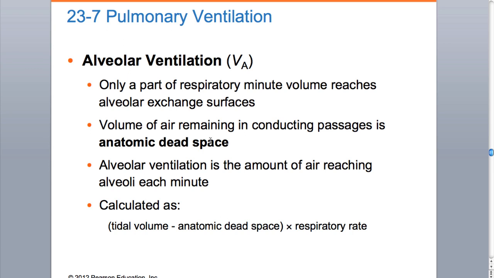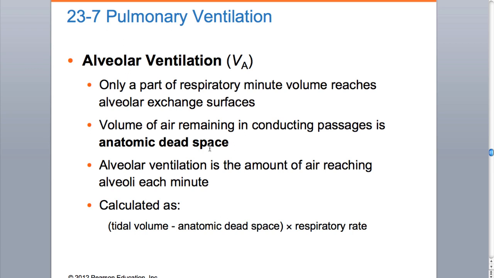This slide talks about what's called anatomical dead space. Normally we have our conducting zone that I mentioned, and that's typically dead space. But over time, more and more of our lungs, typically our alveoli, die out. If an area of gas exchange is turned into a conducting area, then we have more anatomical dead space.